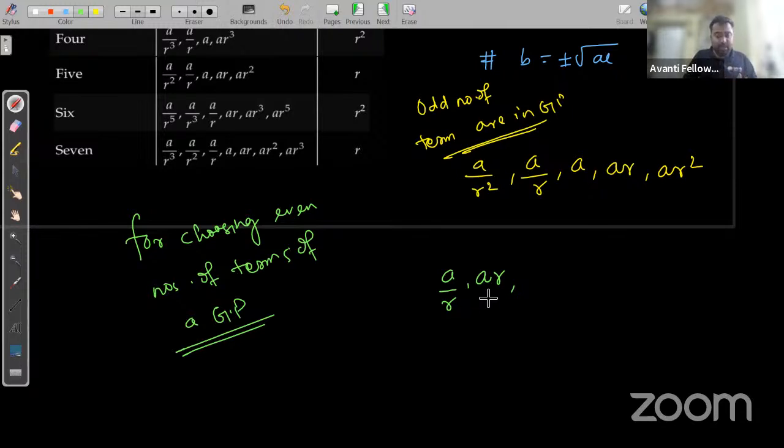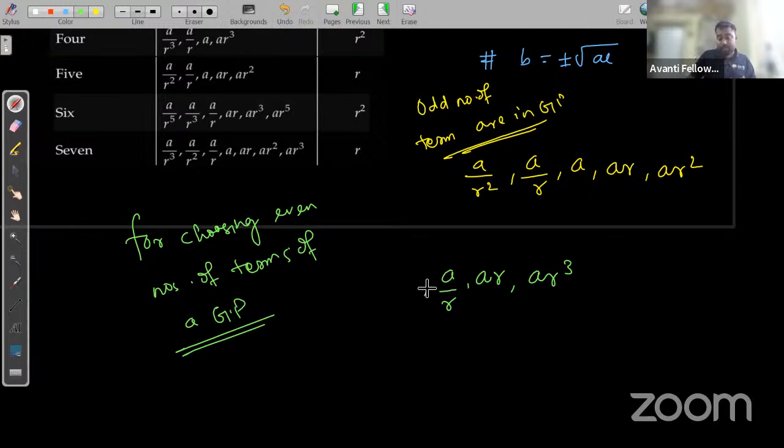Anyone can say? AR upon A by R will be R square. Then if the common ratio is R square, the third term will be AR cube.